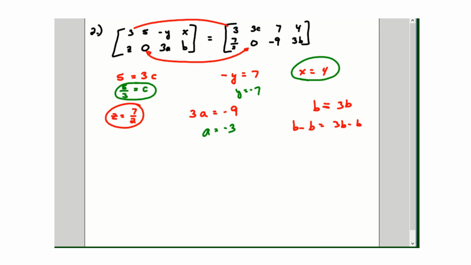I usually subtract the smaller variable term from both sides, rather than subtracting 3B from both sides and getting a negative on the left side. I usually take the smaller of the two, 3B minus 1B. Now I got 0 equals 2B. And the only way 2 times B can equal 0 is if B is 0. 2 times 0 is 0.